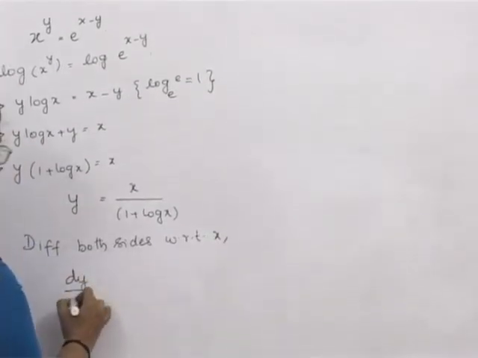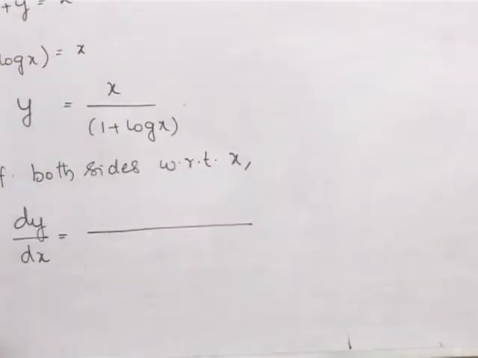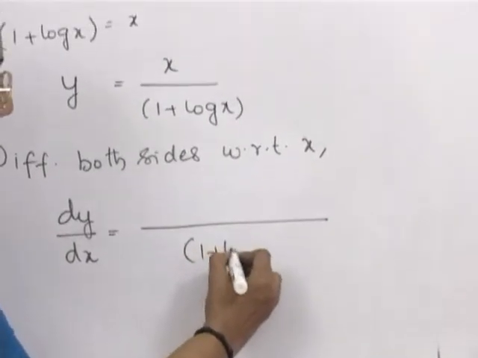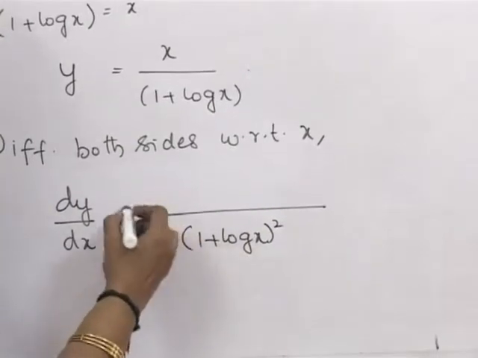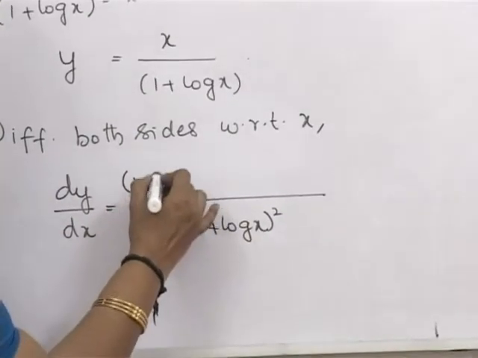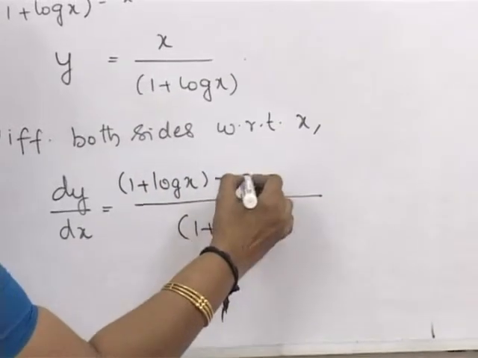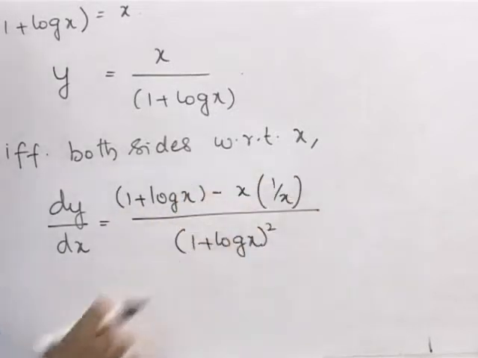dy by dx is equal to, so we have to make use of quotient rule to find the derivative. So here we have 1 plus log x the whole square in the denominator, and in the numerator we have 1 plus log x minus x into 1 by x, because the derivative of 1 plus log x is 1 by x.